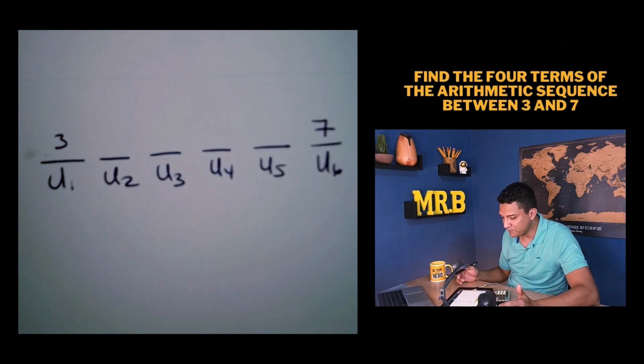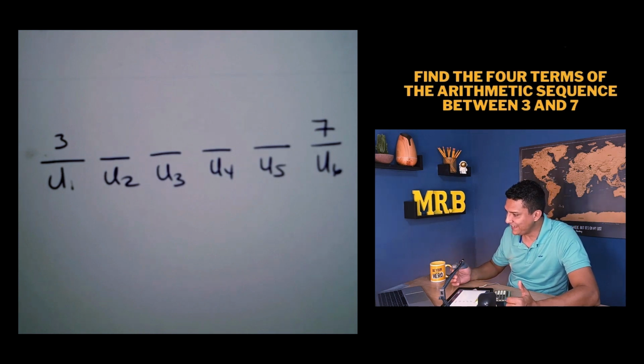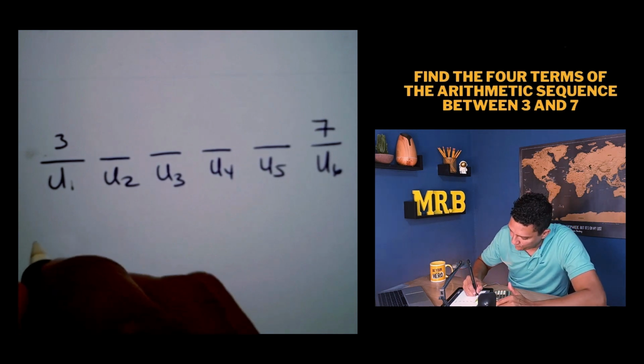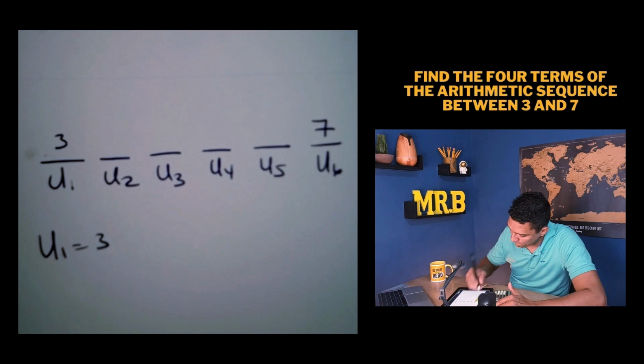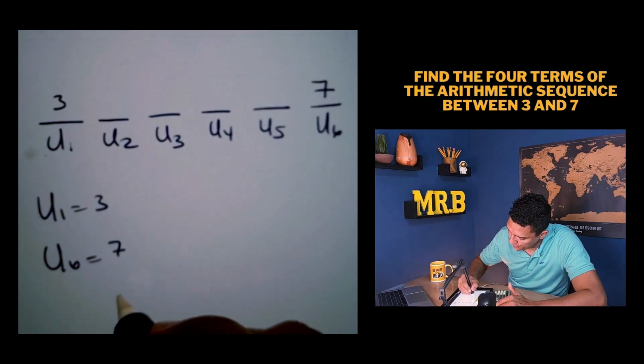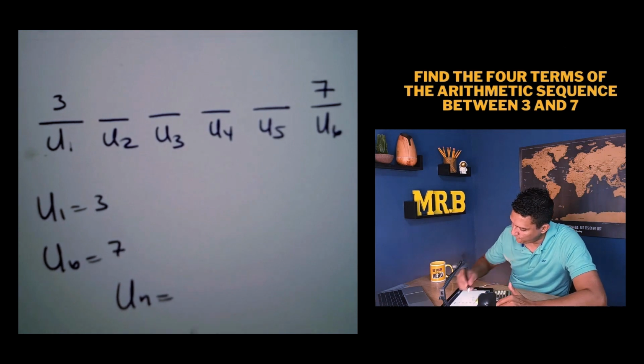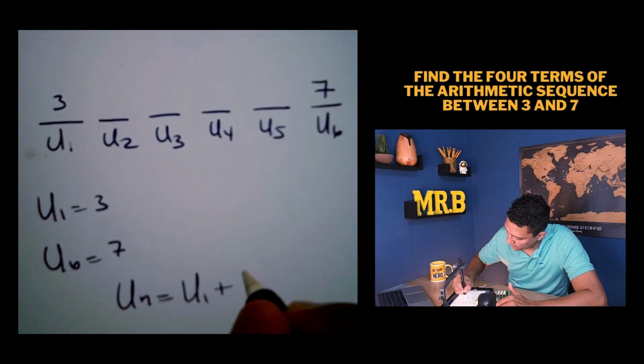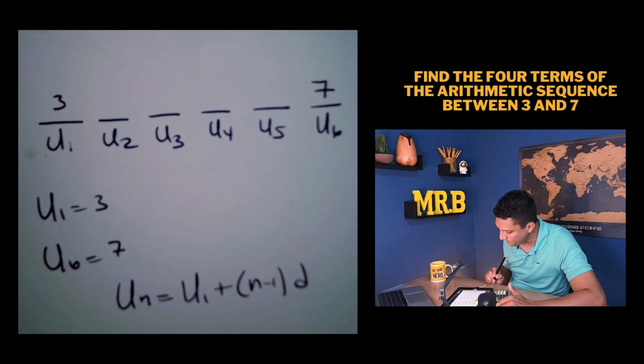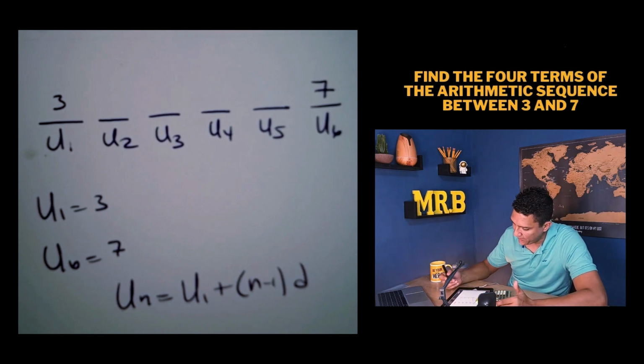I'm going to do basically the same thing that we just did before. First term is 3, and the sixth term is 7. I'm going to use the general formula, un equals u1 plus n minus 1 times d, and replace what we know.